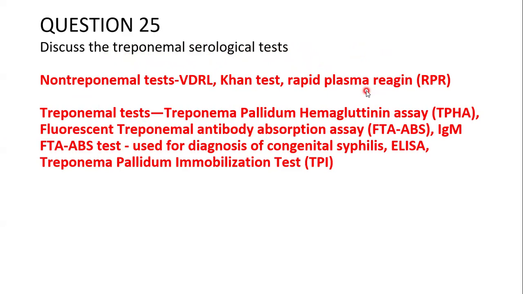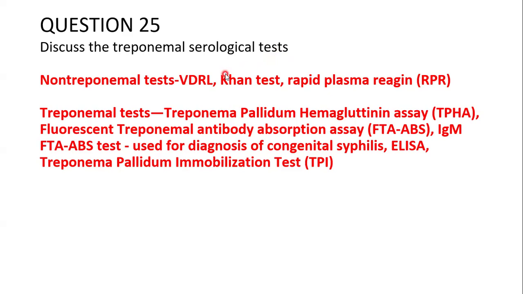Is that okay? I have a question. Yes. Okay, so now the question is saying discuss, but we're just listing the names of the tests. If we get this question, do you have to state specifically what antigens they're looking for?